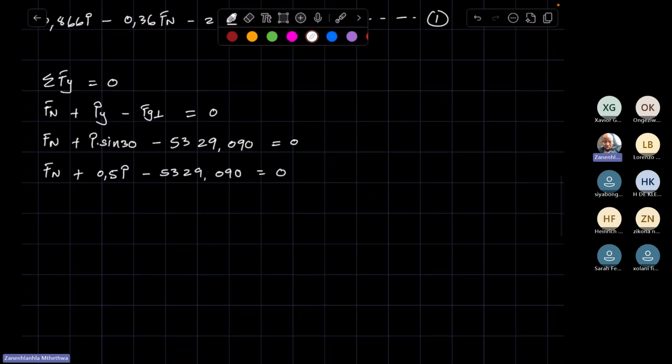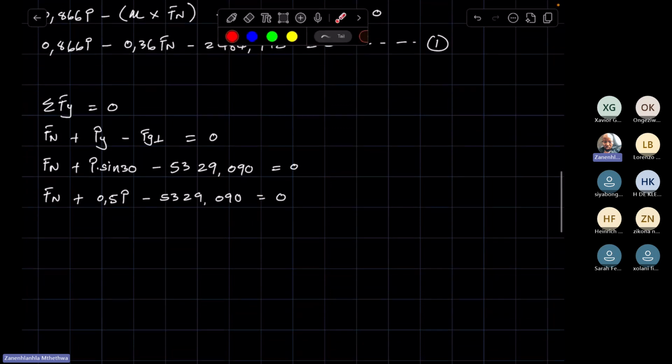Because we are looking for force P, we aren't necessarily looking for both force P and the normal force. It's convenient that we express the second equation in terms of P, thus making the normal force the subject of the formula.